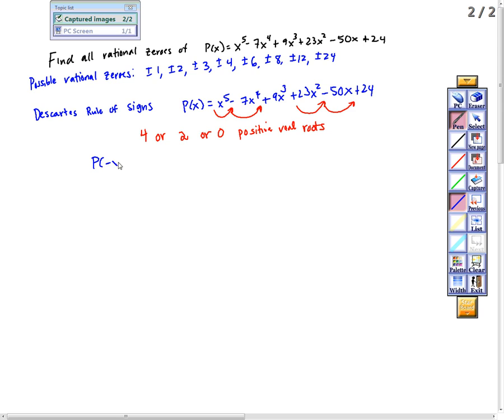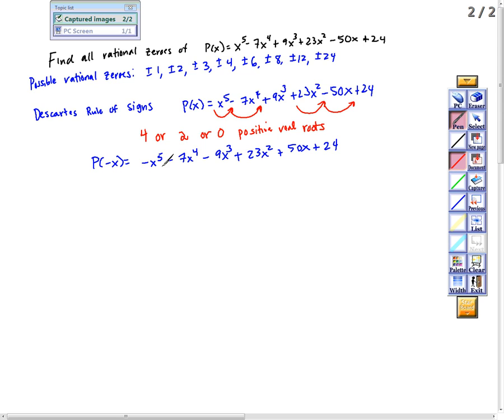I can also do Descartes' Rule of Signs to find the number of negatives. I do p of negative x. So that means I change all of these x's to a negative. What ends up happening is that all of the powers that are odd have a sign change in front of that term. So this is negative x to the fifth minus 7x to the fourth minus 9x cubed plus 23x squared plus 50x plus 24.